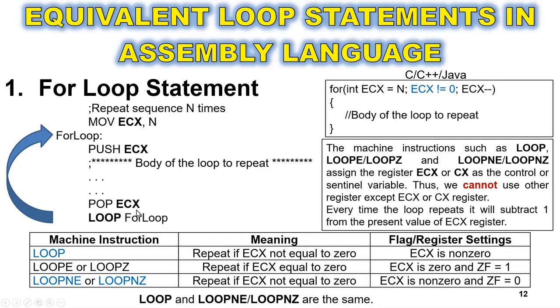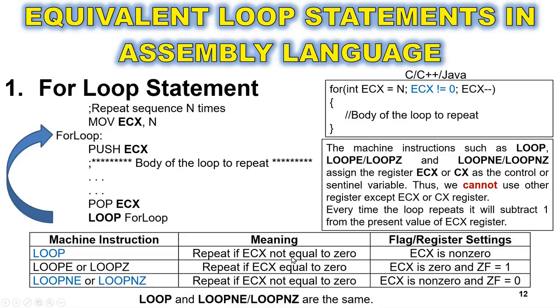So that loop command here will deduct, or subtract, 1 from the current value of ECX. And then the loop will repeat again, jumping to the label for loop if the value of ECX is not equal to 0.